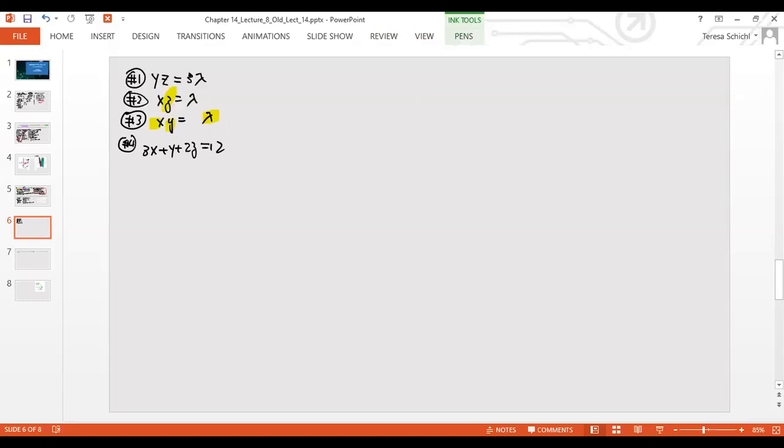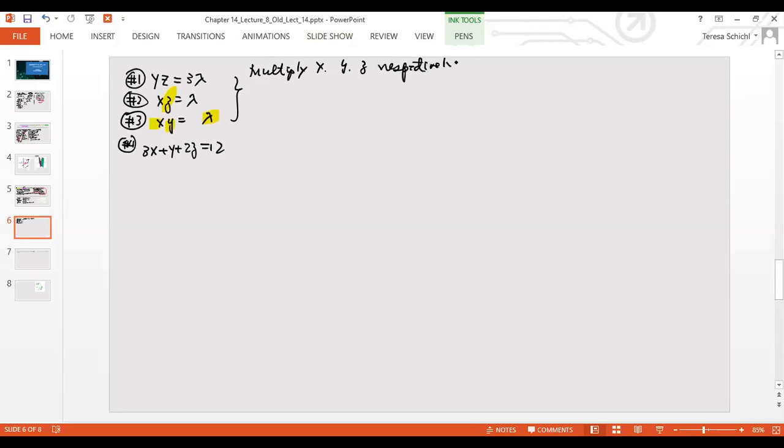We can solve this. The reason I like this problem is that there's a special trick here. You see this is yz, xz, and xy. So the typical approach is to multiply by x, y, z respectively.